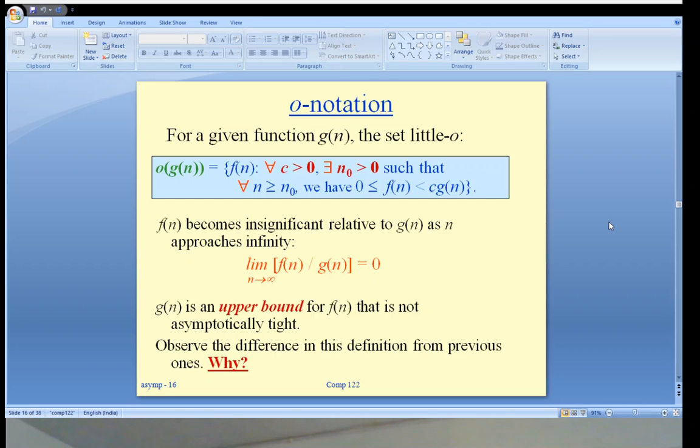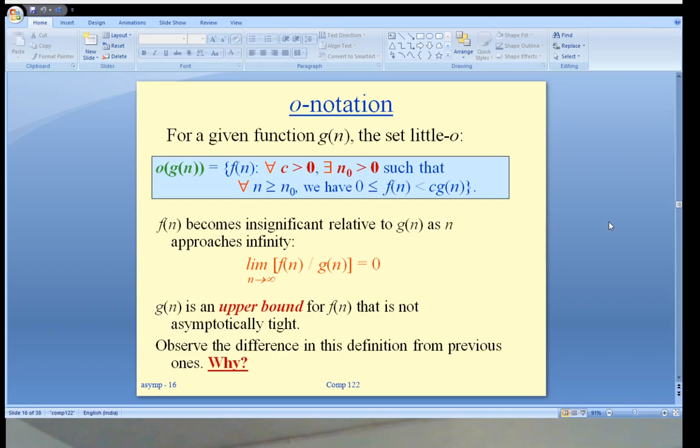For a given function g(n), the set little o. We have studied the theta notation and big O notation. Now there are two other notations, the little o notation and the little omega notation.